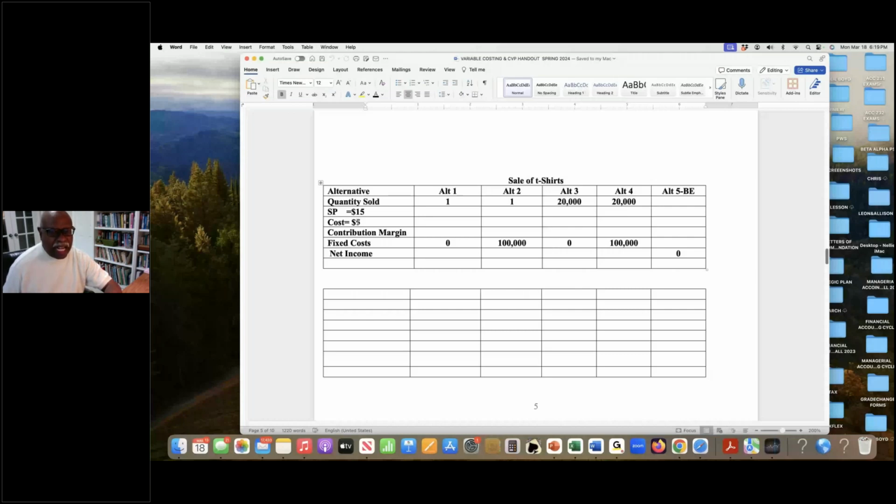In the second item, we say, okay, suppose the fixed costs are 100,000 and we sell one item. The selling price is going to be 15. The cost is going to be 5. That contribution margin is 10.